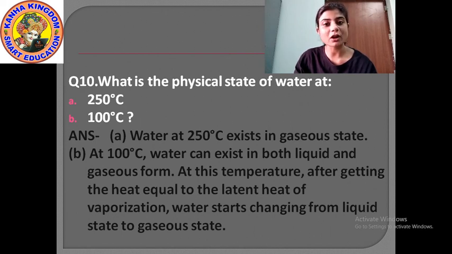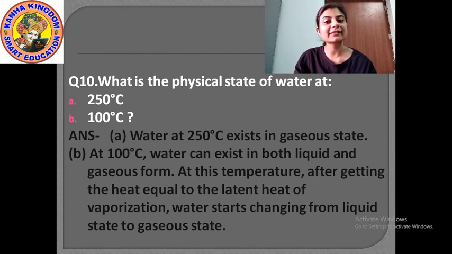As I already told you, if you increase the temperature of a liquid, it gets evaporated, that is vaporization. Okay, vaporization means changing into vapor. So, it will turn into the gaseous state.